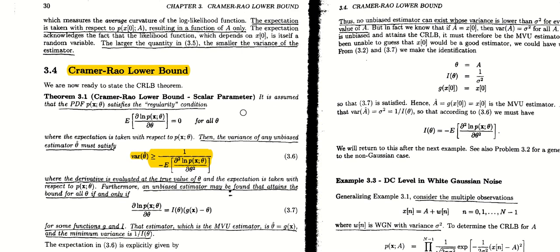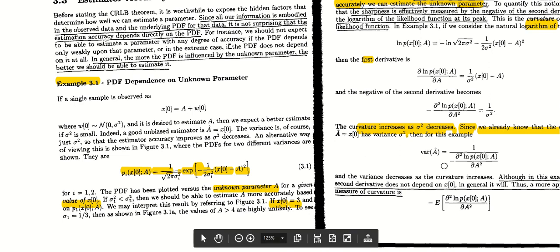So let's take one step back. You see, we have variance equal to this, but generally it will be like this.